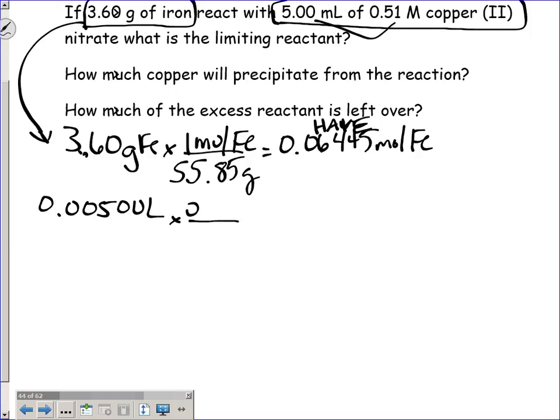That right there is my 0.51 moles of copper 2 nitrate, and that's per liter. So my liter concentration will cancel, and I get 0.005 times 0.51. Someone calculate that for me. Kim, you got me? 0.005 times 0.51.